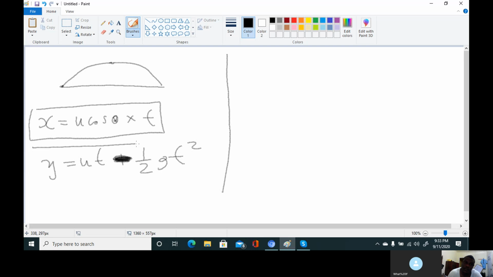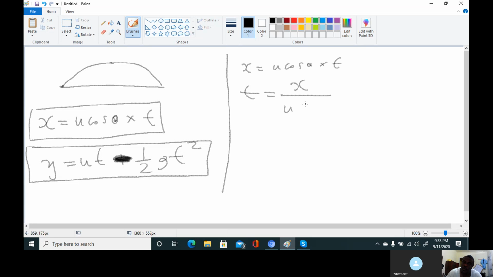If we want to show that projectile motion is again parabolic, we need to make t the subject of the formula. For the first one, x equal to u cos theta times t, making t the subject, t is going to be equal to x over u cos theta. Then I'm going to substitute this into the other equation.